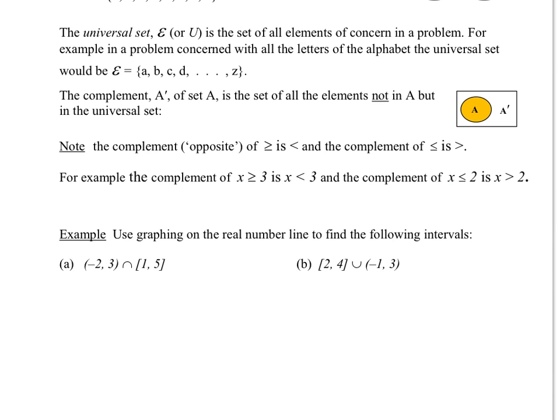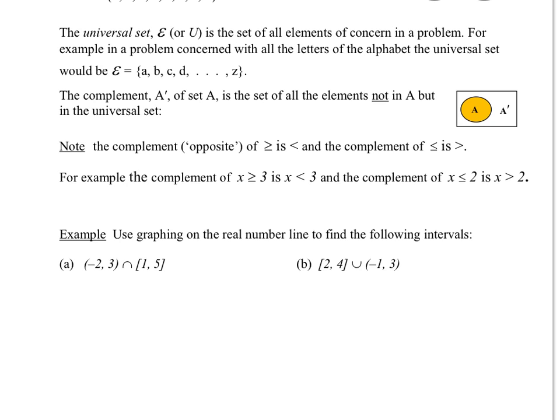Then we have something called the universal set. You can denote it with this special E letter or with U. That's the set of all possible members of a set, or all possible elements that you're interested in.